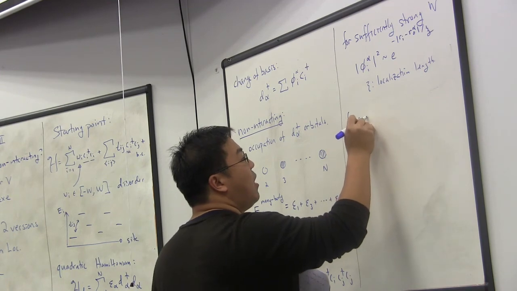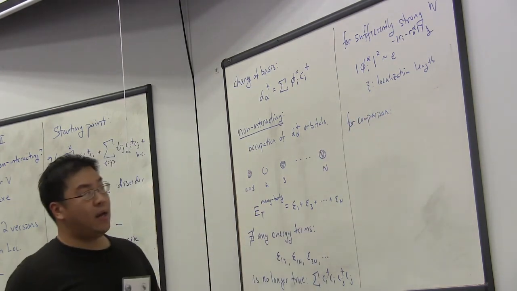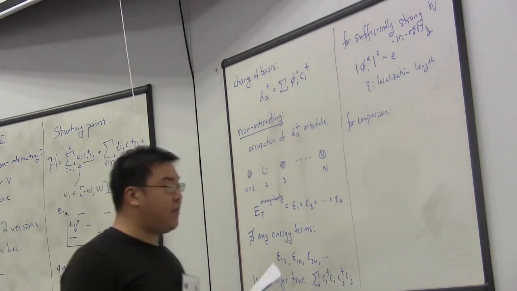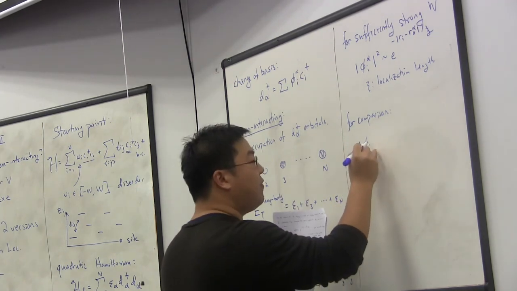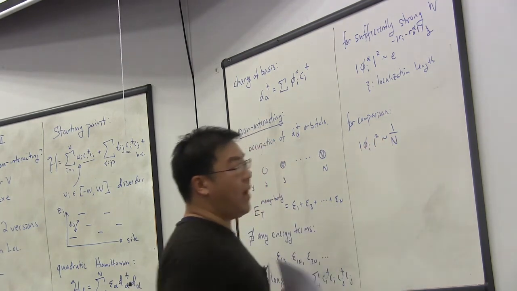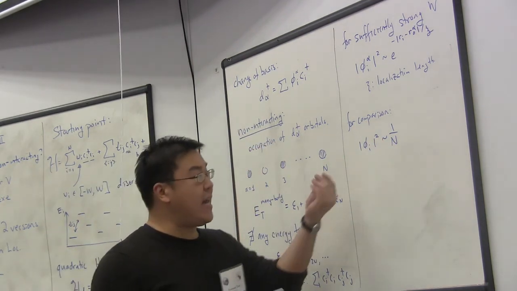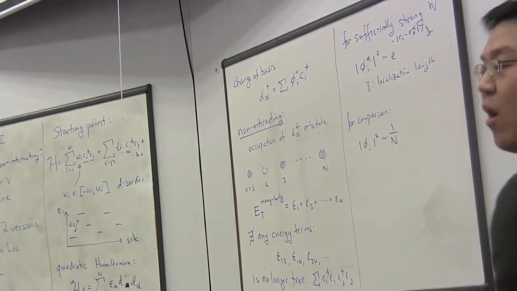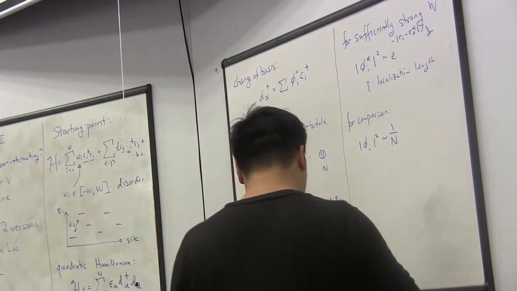Just for comparison, as Dima explained, this was his Bloch wave limit. For comparison, if disorder is weak, it turns out the wave functions phi I squared look like 1 over N. So for any given orbital, it more or less has approximately the same amplitude over all sites in the system.